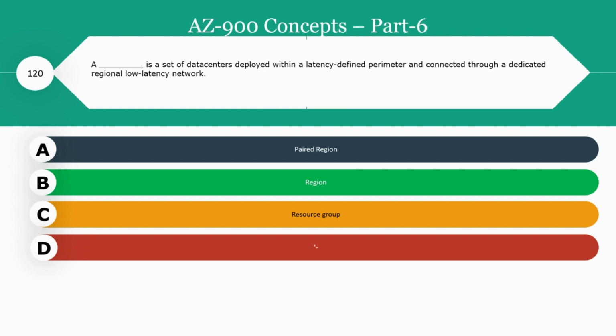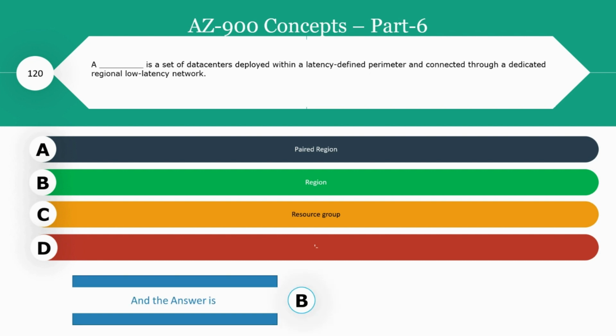It is something to do with resource management, so resource group is not the valid answer. Between paired region and region, the right answer will be option B. That is, multiple data centers form an availability zone and multiple availability zones form a region. And so the right answer for this question is option B.